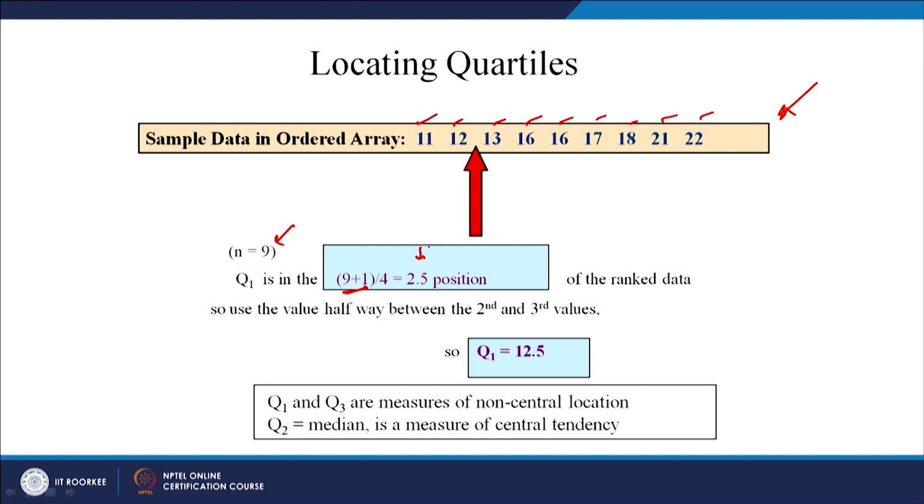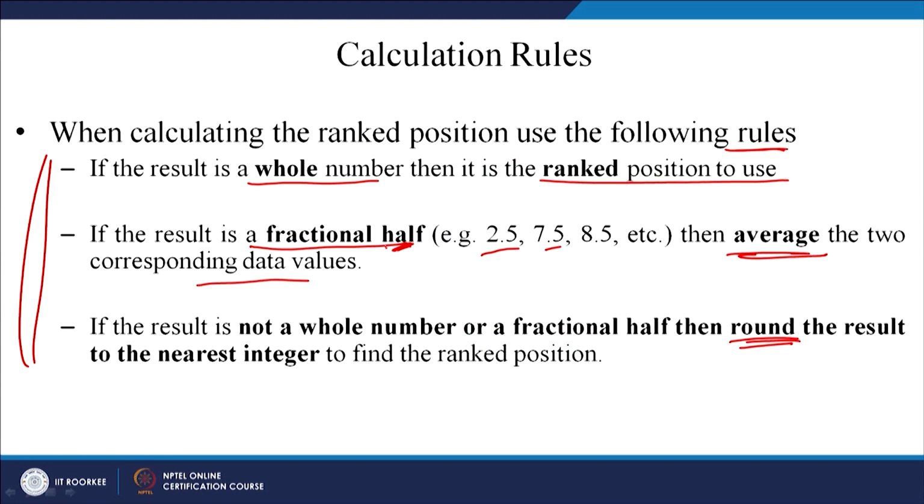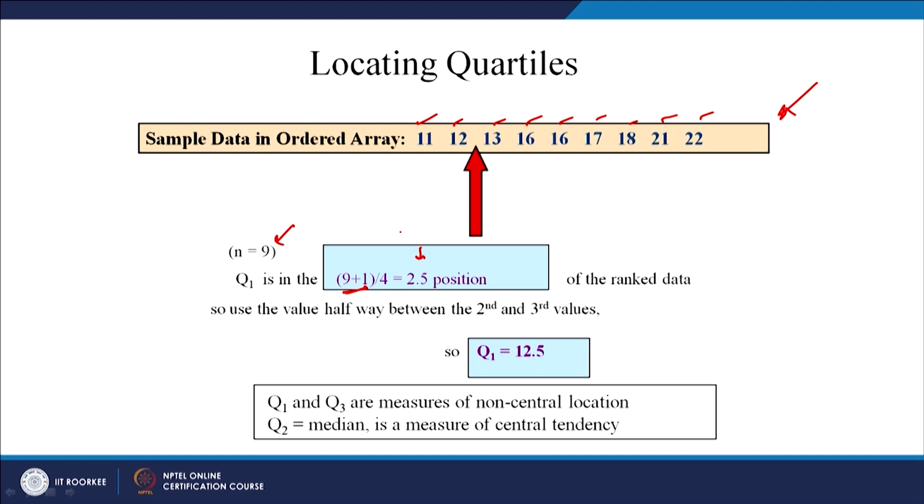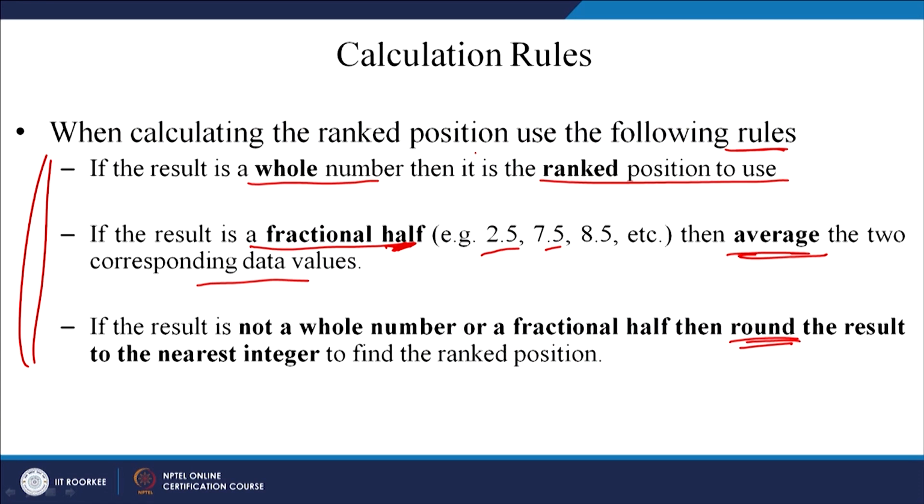So, the fraction is 1/2, so we have to take the average of these two, 12 and 13. So, Q1 is 12.5. Why did we take the average of these two? Because the result is a fractional half.